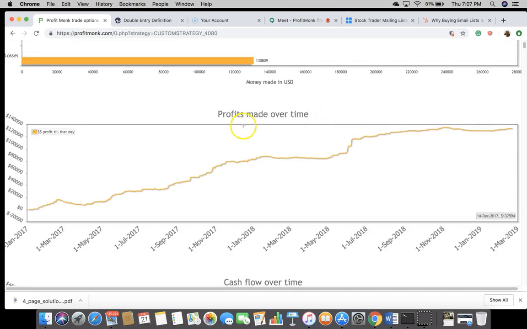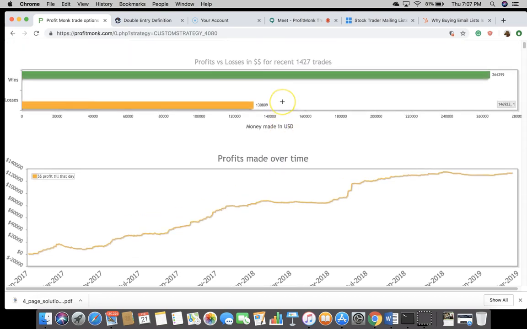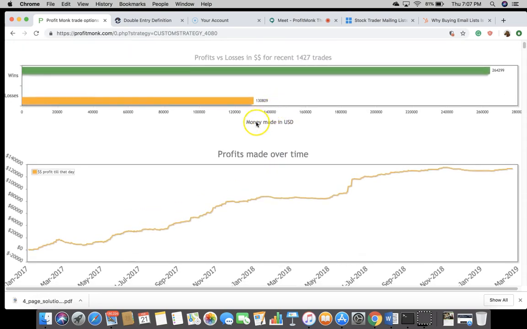So I hope that helps you get an answer to the question of what is the impact of execution price and actual execution price over all these trades that we are making.